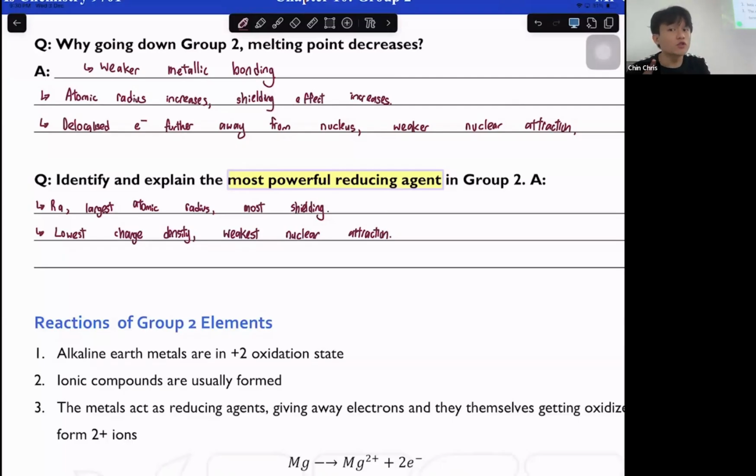So you have to talk about ionization energy. Basically, Ra has the lowest ionization energy, which means it's the easiest to lose electrons, which means it's the easiest to be oxidized.